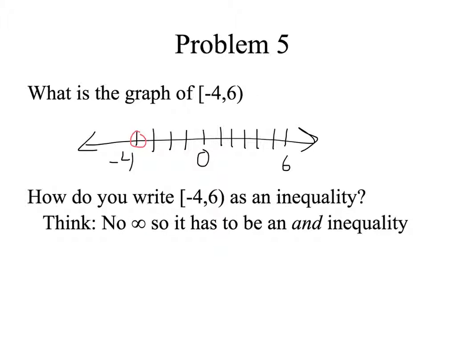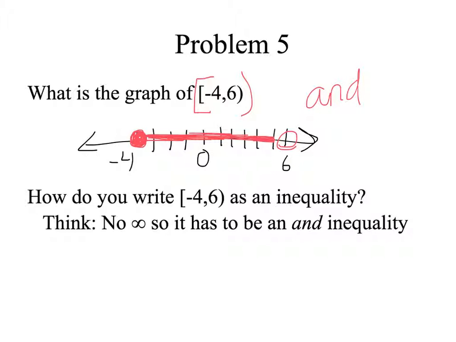Now, because this is a squared off bracket, we want to make sure it's a colored in circle. And then we have a circle at 6, but because it's a rounded bracket, curved bracket, it's not colored in. And then we just shade in the interval between -4 and 6. So this would definitely be an and inequality, okay, because it's squeezed in between two numbers.